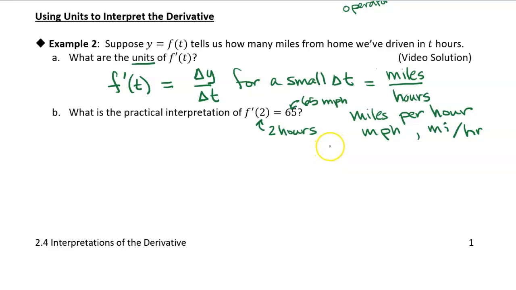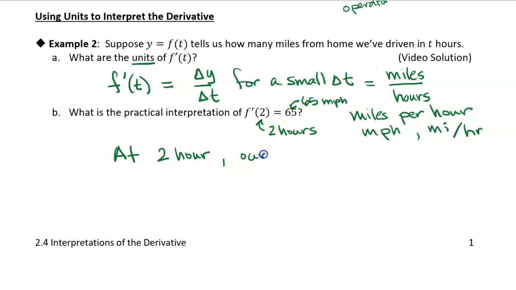Now, the derivative is the rate of change of the dependent variable as we change the independent variable. But we have a special name for this rate of change of distance over time. It's called velocity. So at 2 hours, after we've driven for 2 hours, this is telling us our rate of change, our velocity.